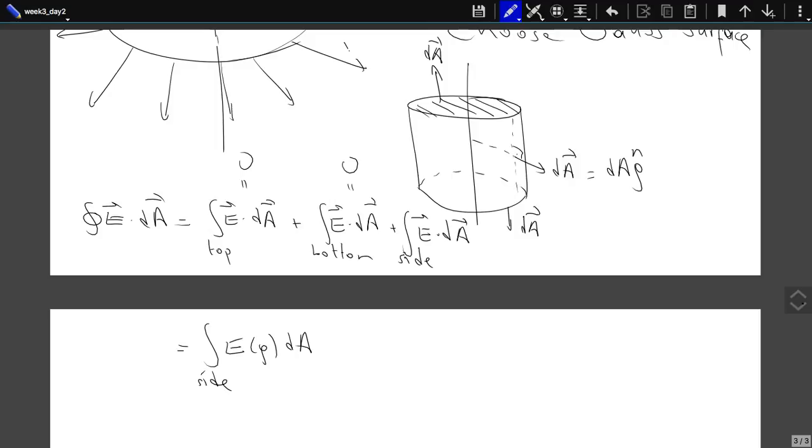On the side, rho doesn't change. Every point on the side of the cylinder is at the same distance from the center of the wire. So E of rho is constant. What remains is the area of the side of the cylinder, which is 2 pi rho. If we assume the height is h, 2 pi rho h. And this should be equal to the total charge inside my cylinder. Now, what is the total charge inside my cylinder?